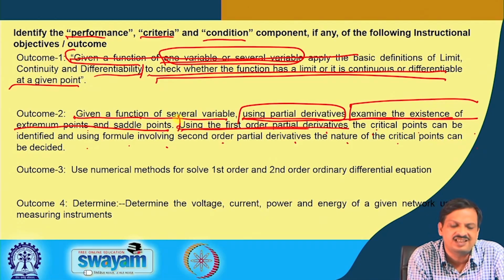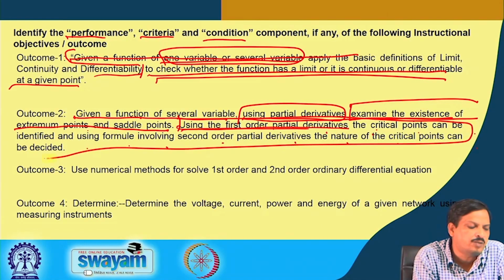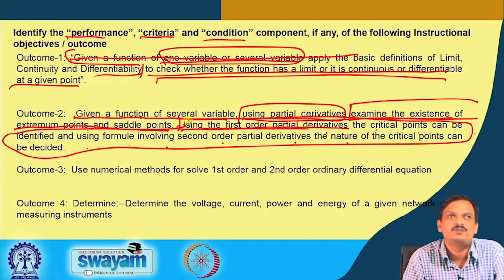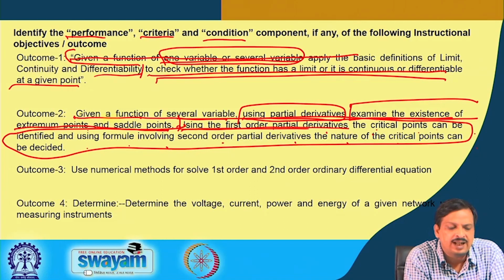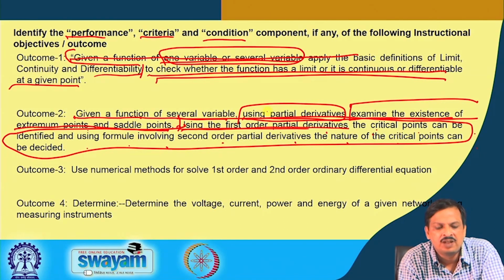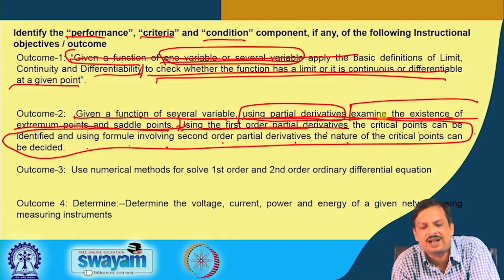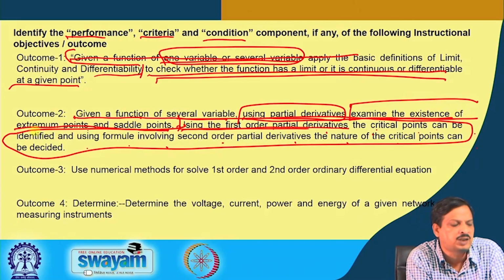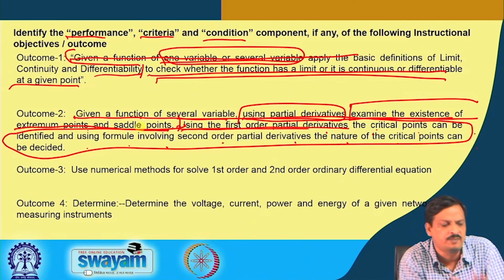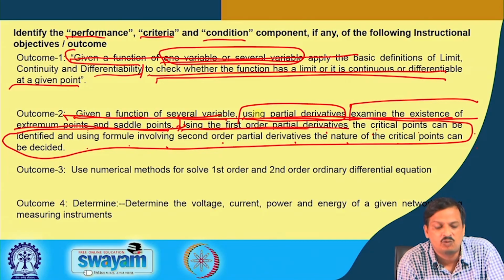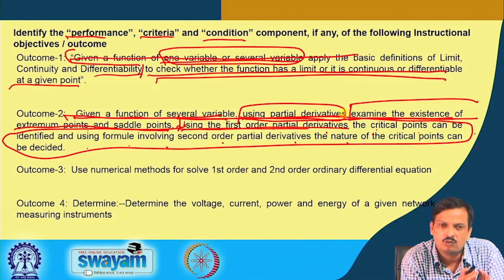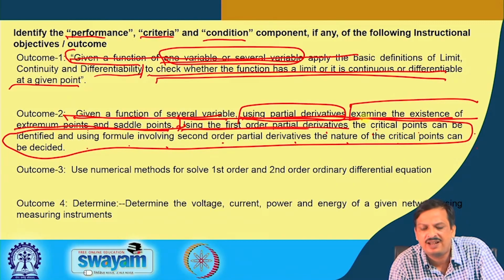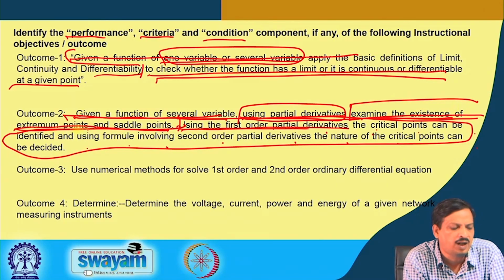So this is a teacher statement, it is not part of the outcome. So the first one is okay. Given a function of several variables, using partial derivatives, examine the existence of extrema points and saddle points. What is given? Function. How to do it? Derivative. So all are conditions. What has to be performed? Examine the existence of extrema points and saddle points.